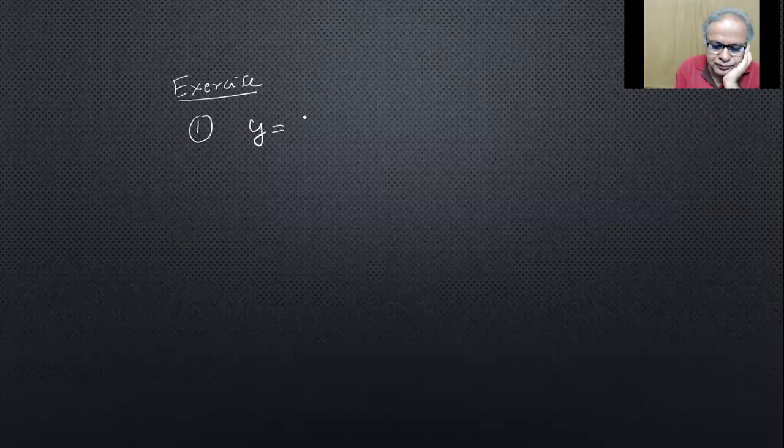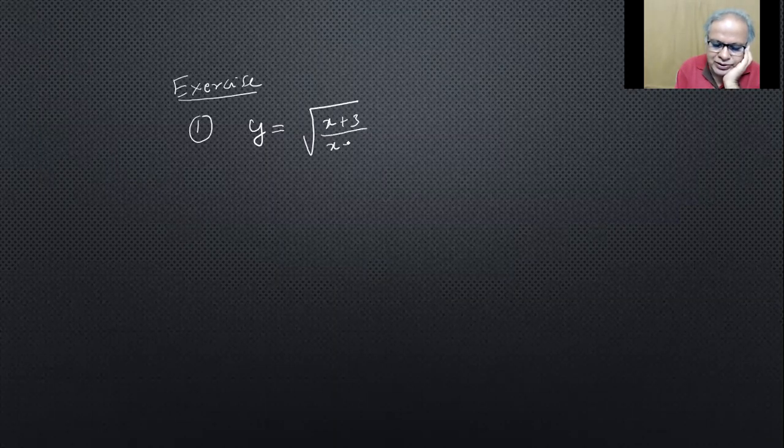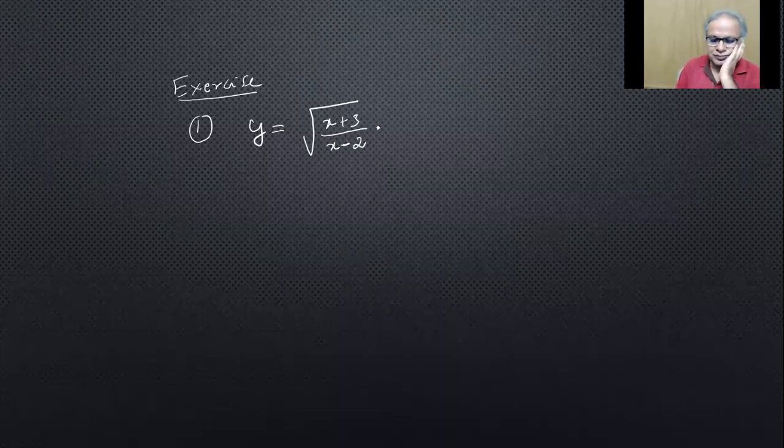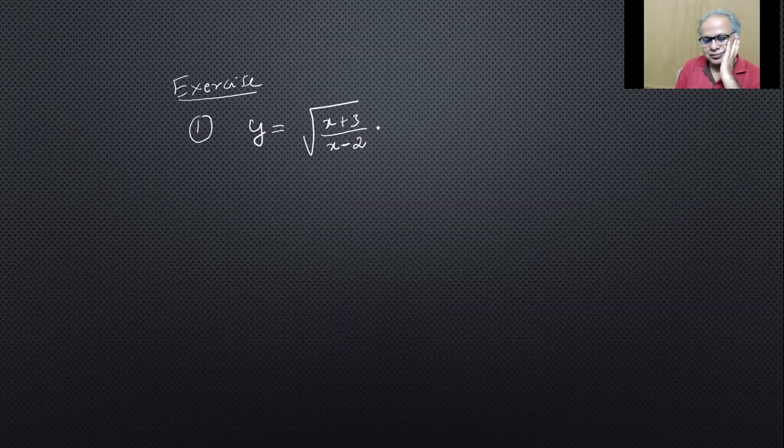y equals the root of (x plus 3) by (x minus 2). You can do it as root of u by v, or you can straight away write and do things.